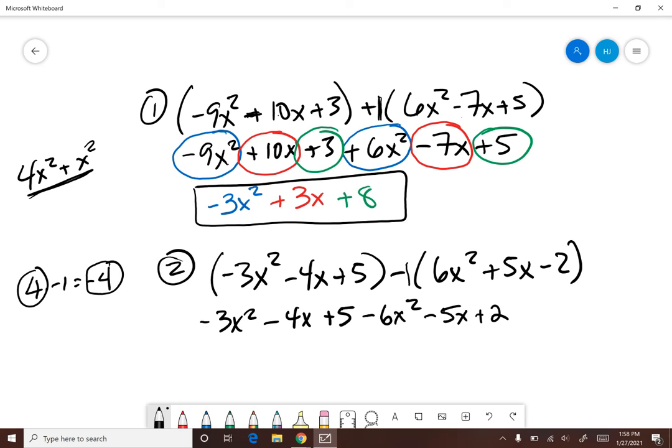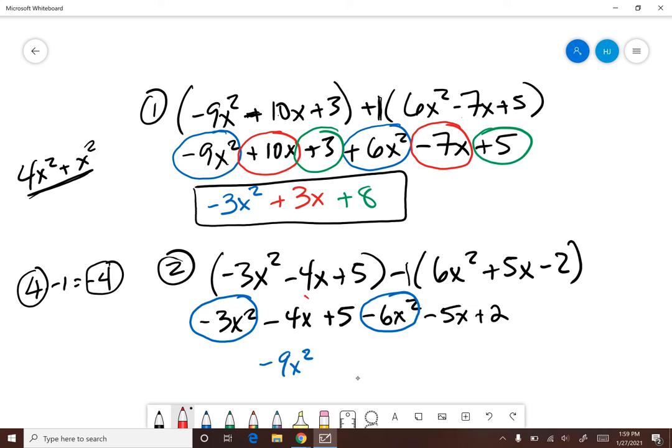From here, this becomes exactly like the problem we did a few minutes ago. So we'll start in the same order. We'll use our blue pen, and we're going to circle the x squared term, and I'm going to circle any other x squared term that I find. And now I'm going to go ahead and do the operation. So negative 3x squared minus 6x squared is going to be negative 9x squared. All right, and do the same thing again with my red color.